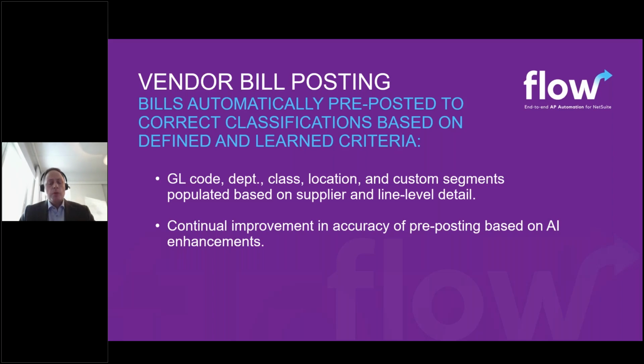And this is an AI, so it will be all the time doing continual improvements in accuracy. So it will be all the time trying to improve its accuracy based on the handled vendor bills that have gone through the system.